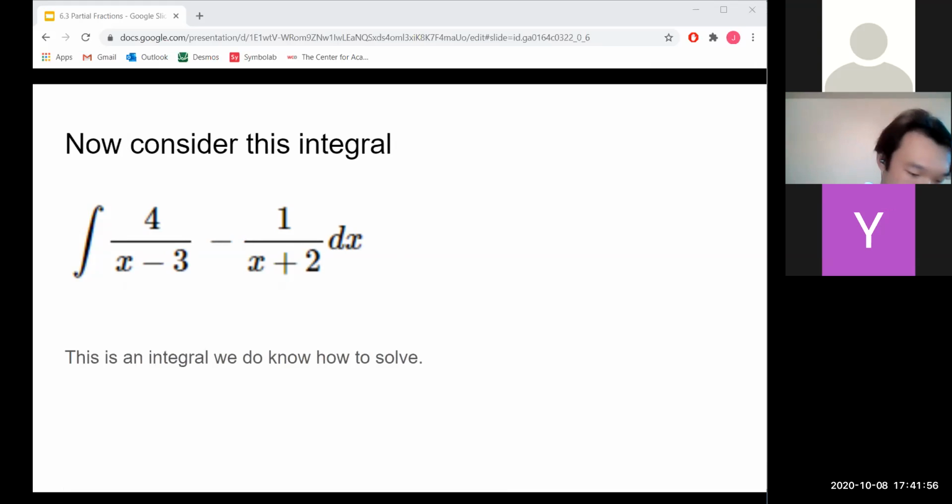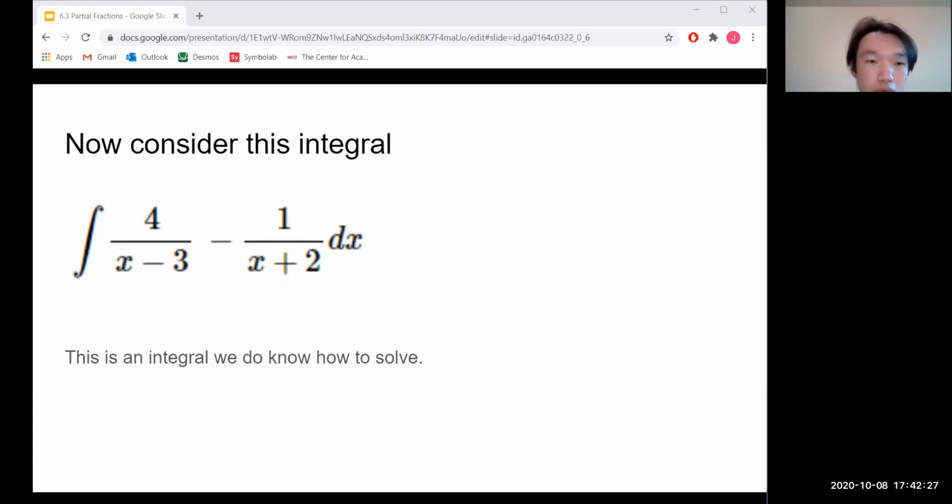Yeah, it's just the ln integral. If you take the 4 out, then you have 1 over x minus 3, and that's just ln of x minus 3.